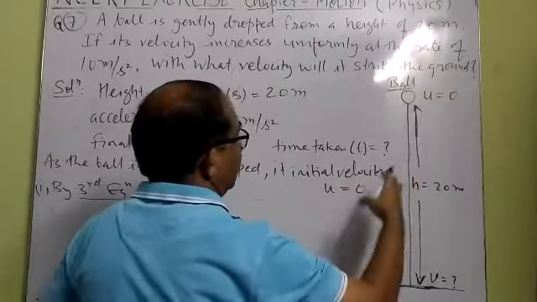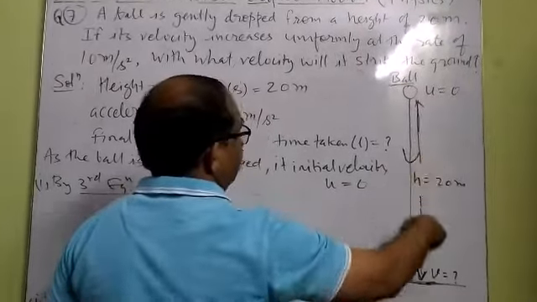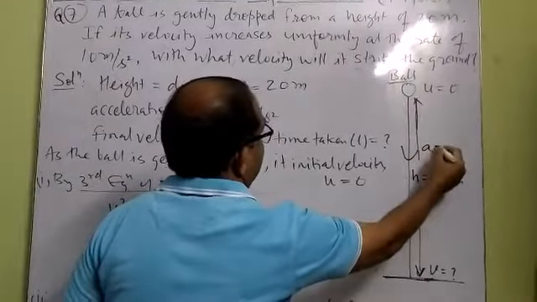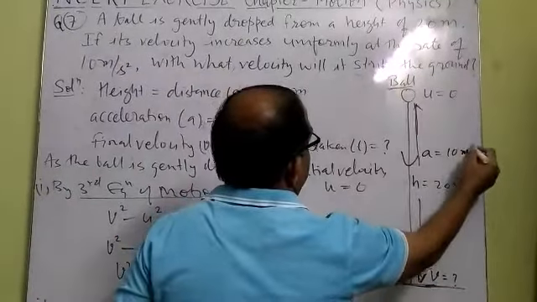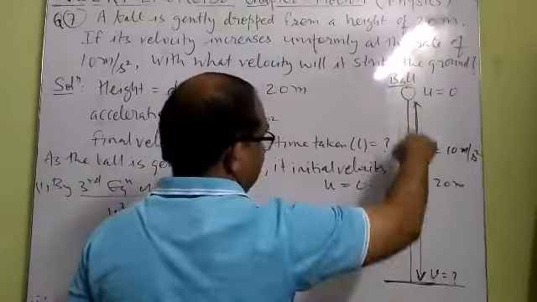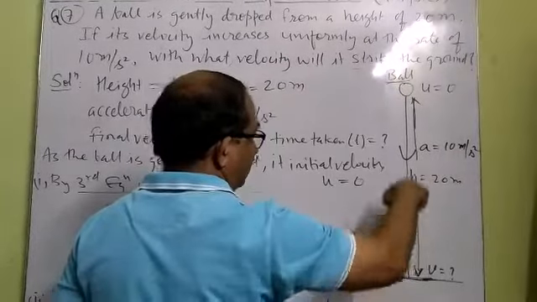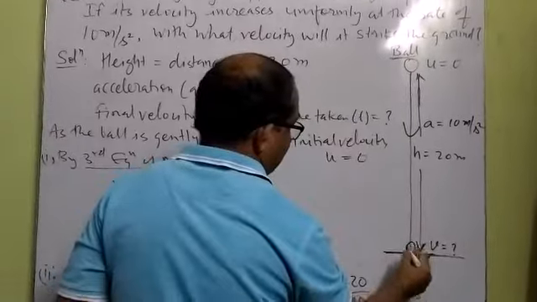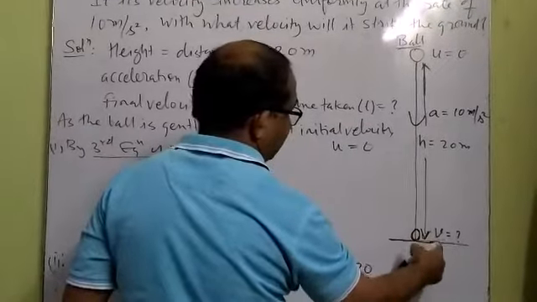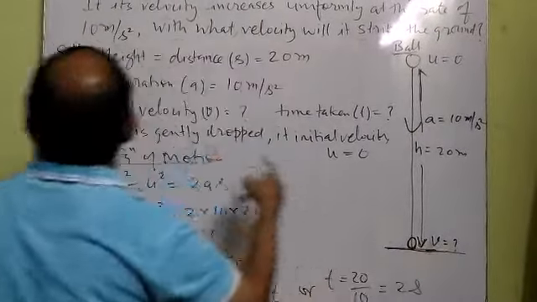When it moves downward due to gravity, it will accelerate, and this acceleration is given to you: a constant acceleration of 10 meters per second squared towards the earth. In this situation, we need to calculate its final velocity when it strikes the earth's surface.